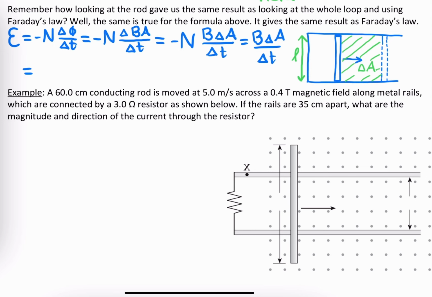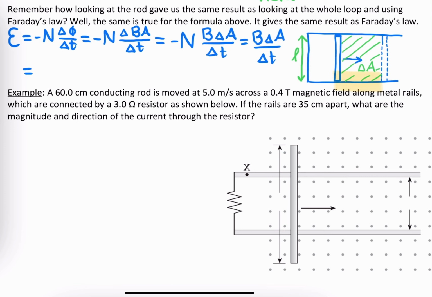Delta A is a rectangle. And the formula for a rectangle is length times width. So to find delta A, I just need to take this and multiply it by this. Well, that second one, that length, is just L. And it turns out that this width here depends on how fast the rod is moving and how long it moves for. So speed is distance divided by time.